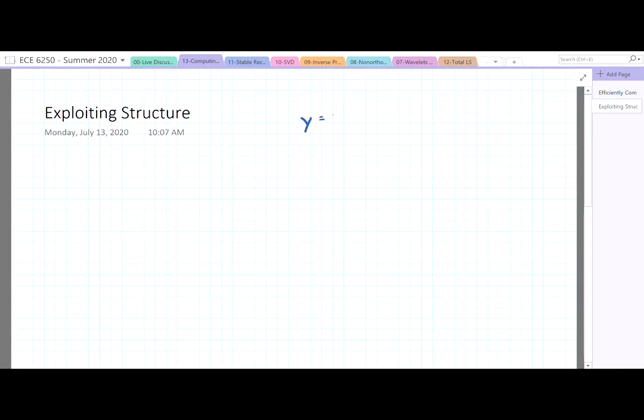So we're finding that y is Ax, and we're solving for x.